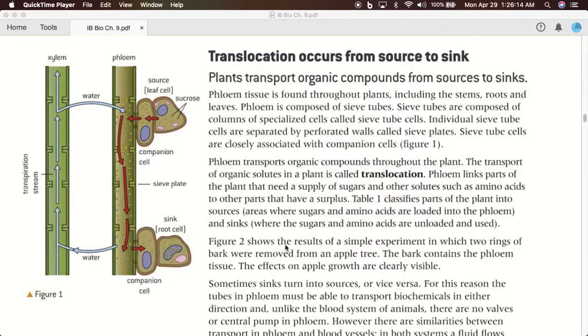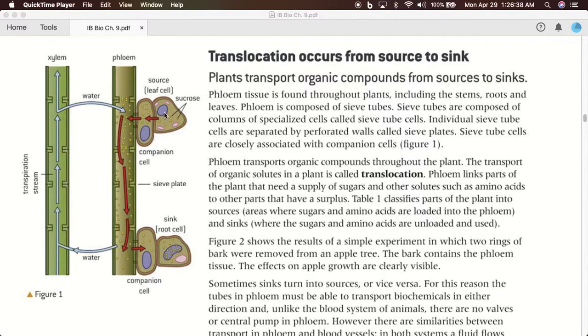When you're transporting sugars, we call it translocation. The translocation of sugars in the plant occurs from what we call sources to sinks. Sources are places where the sugar is made, and sinks are places either where the sugar is going to be stored or places where it's going to be used up.